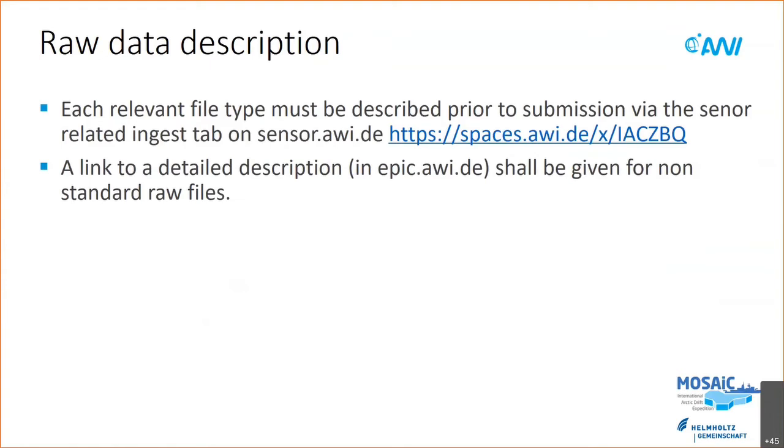We have a web page for this at Spaces that contains the information of what we need you to describe. Basically, a link to a detailed description can be shared with us if you upload such documentation to EPIC.